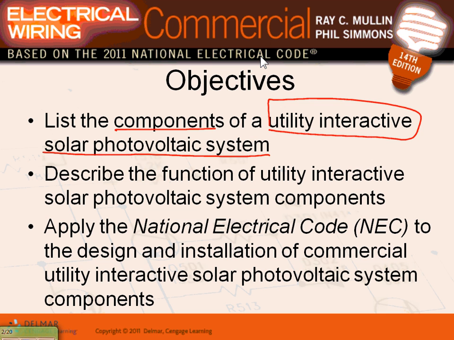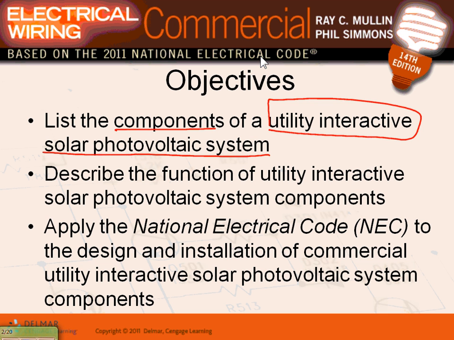You also have a standalone, which is where you live in the boonies up north in Minnesota, isolated from the whole universe, and you want to have your solar system and run it. No grid, nothing. And the other one is a hybrid in between. We'll talk about these in a second, guys.